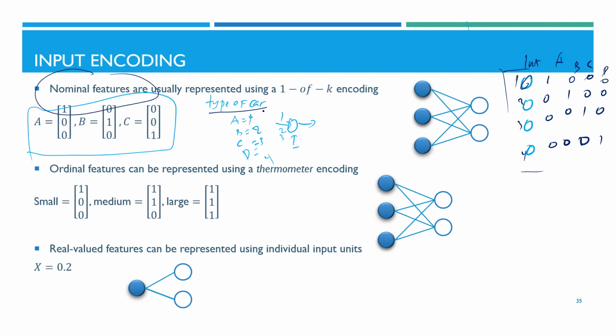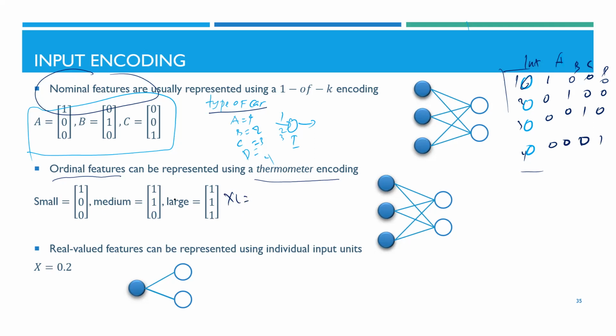Okay. How about if our data is ordinal features? Usually ordinal features can be represented using thermometer encoding. For example, small is 100, medium is 110, large is 111. How if we have extra large?